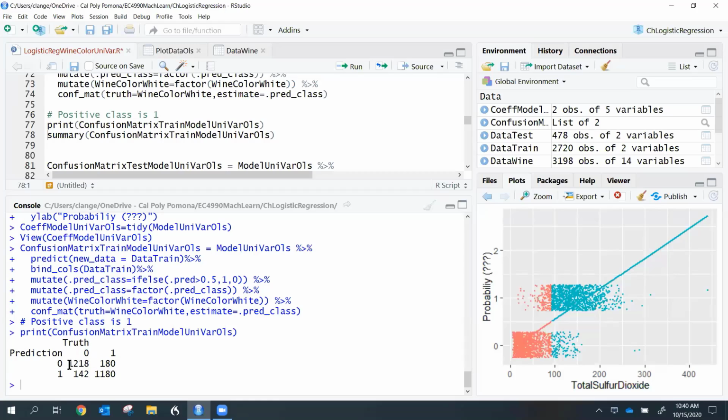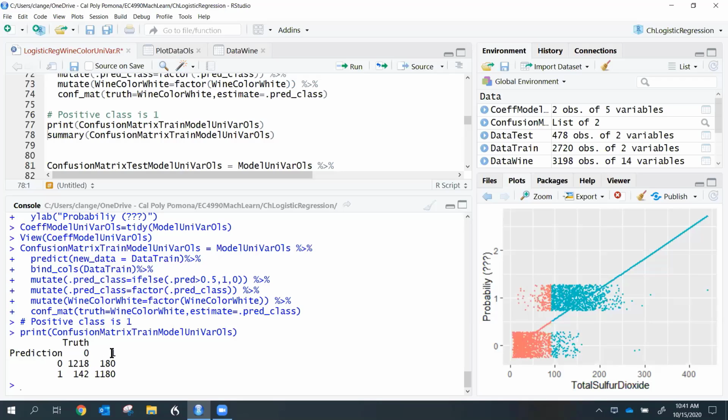In the first column, 1,218 wines were actually red, and they were predicted as red. So correct. 142 wines here were red, but they were predicted as white. False. Here in the second column, we have the white wines.